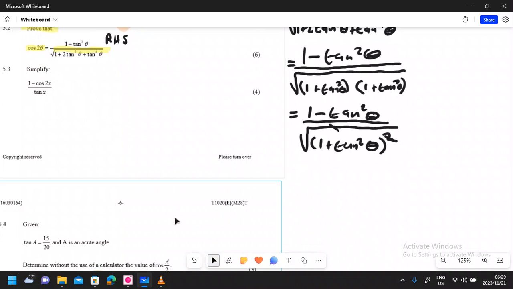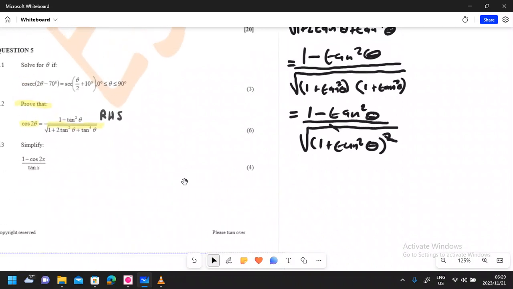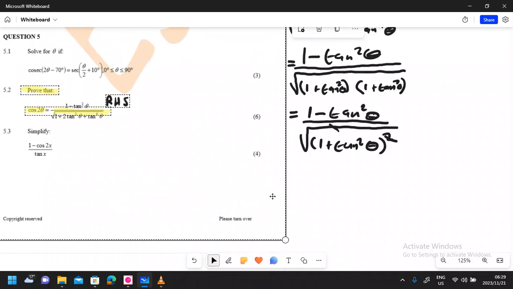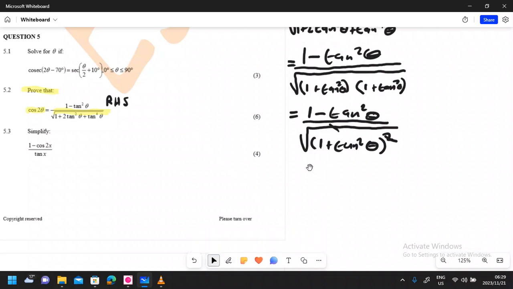I hope I'm audible, because I feel like I am not that audible. All right, let's continue. The root and the square, they're going to cancel each other, leaving the power of 1. So we're left with 1 minus tan squared theta on the numerator, divided by 1 plus tan squared theta. Right, so this is what you're left with, guys.